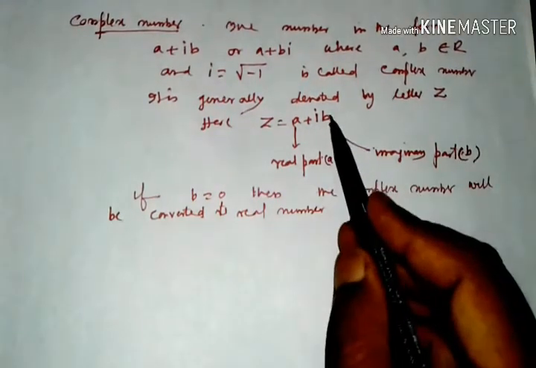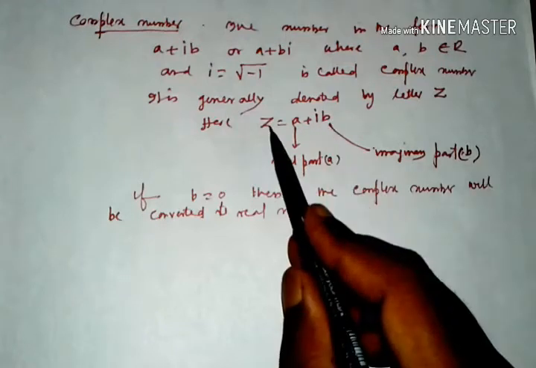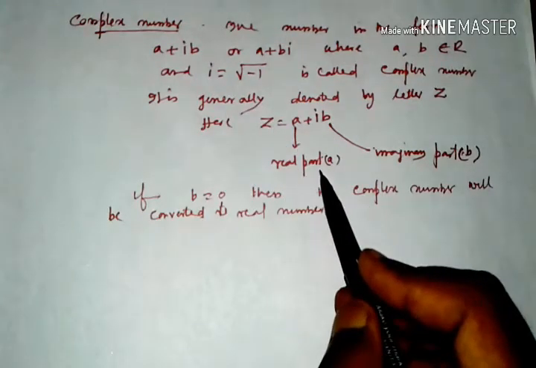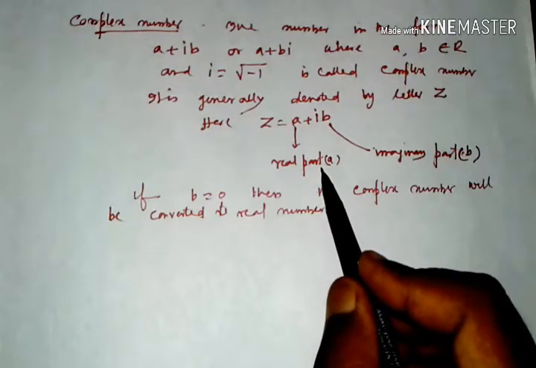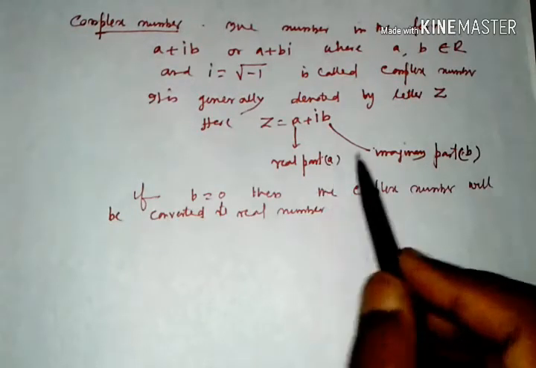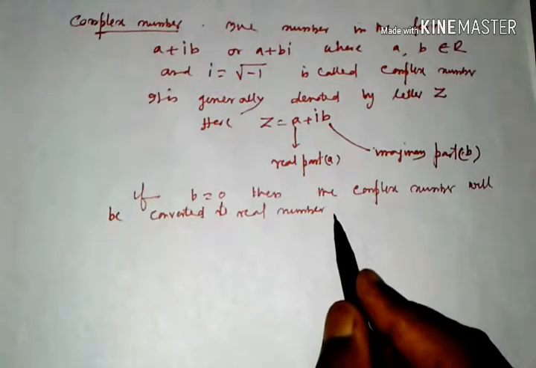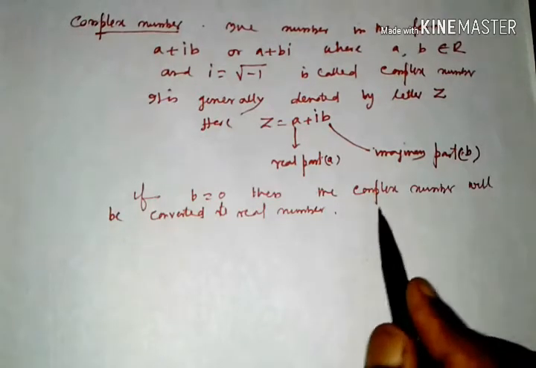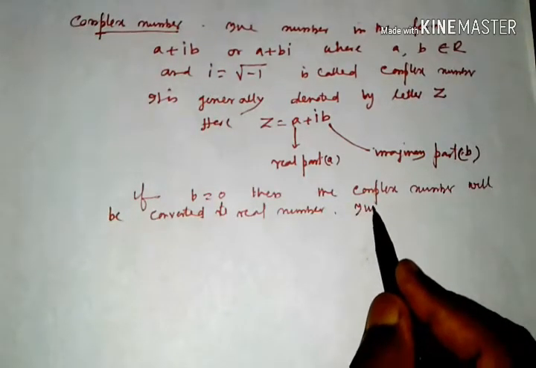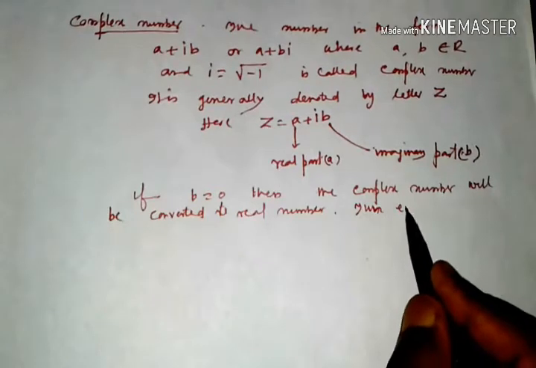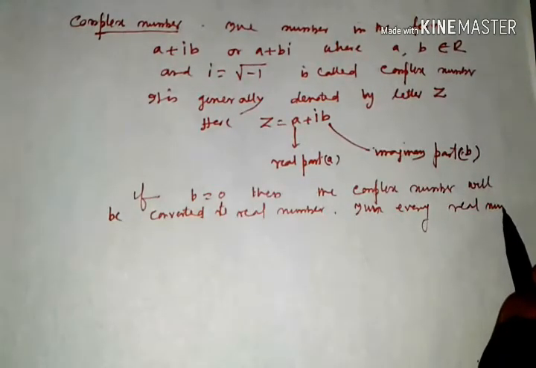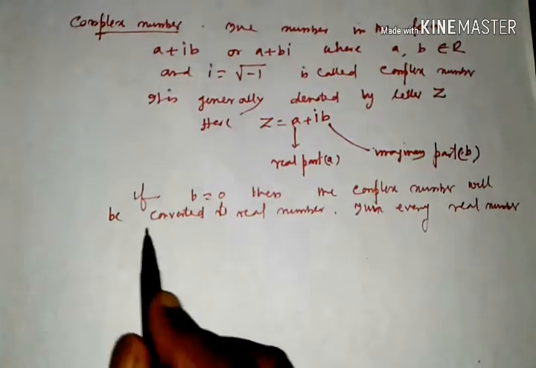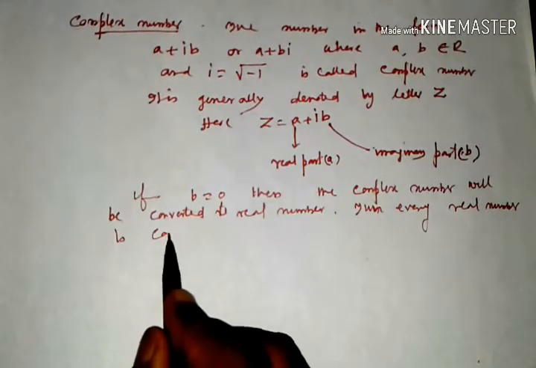Because if b is equal to 0, then z is equal to a, only the real part will remain, therefore it will be a real number. Thus we conclude that every real number is a complex number.